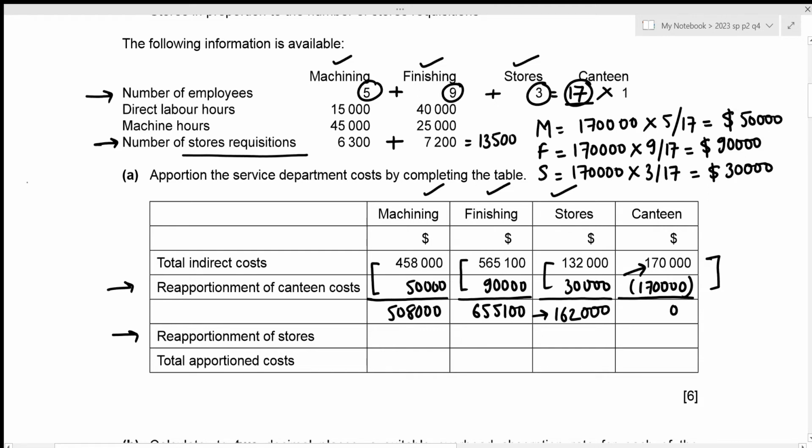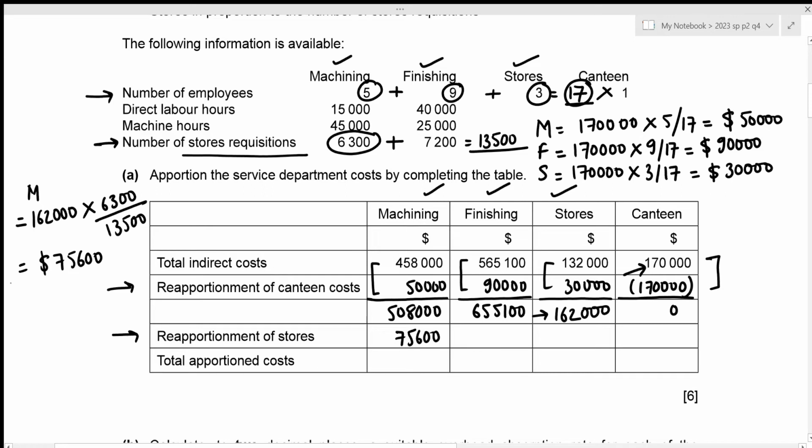For machining department, we're going to apportion the total of 162,000, and the proportion for machining department is 6,300 out of the total of 13,500. So that's 162,000 times 6,300 divided by 13,500, which results in the reapportionment of stores in our machining department to have the value of 75,600. Let's write it down.